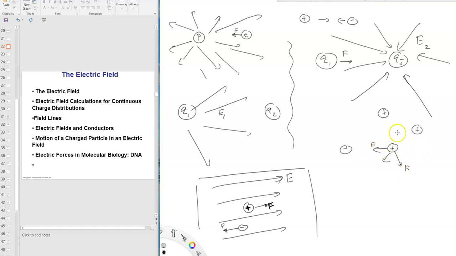But if we know what the electric field, all these guys together, is creating at this area, then when I place a charge in it, I can easily figure out what the force is. So electric field is convenient that way. If you know that, finding the force is much easier.